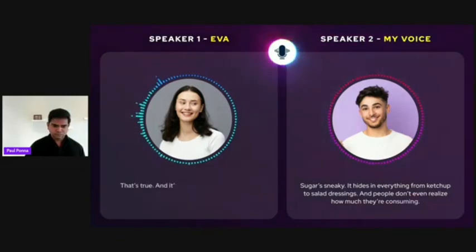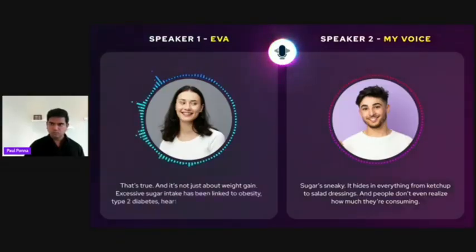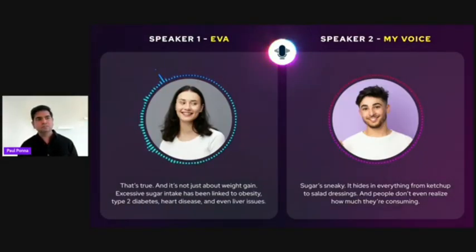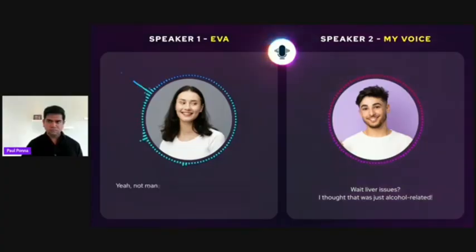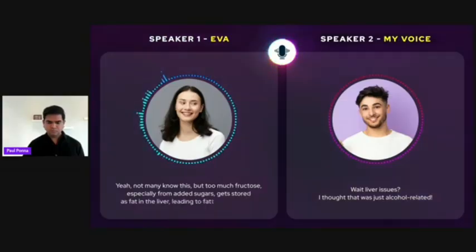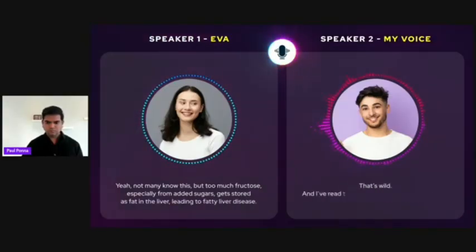That's true, and it's not just about weight gain. Excessive sugar intake has been linked to obesity, type 2 diabetes, heart disease, and even liver issues. Wait, liver issues? I thought that was just alcohol related. Yeah, not many know this, but too much fructose, especially from added sugars, gets stored as fat in the liver, leading to fatty liver disease. That's wild. And I've read that sugar can also accelerate aging, like on the skin level too?